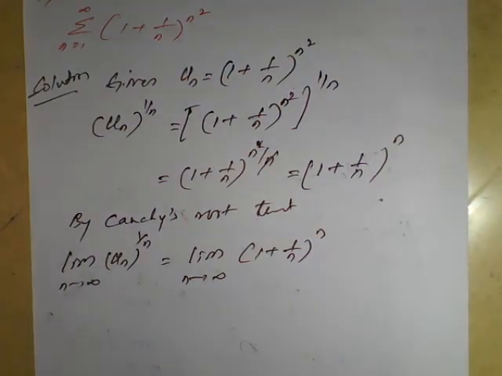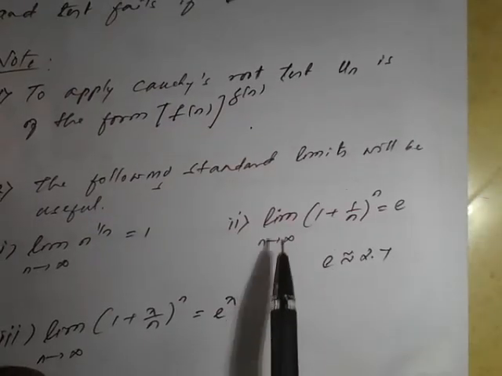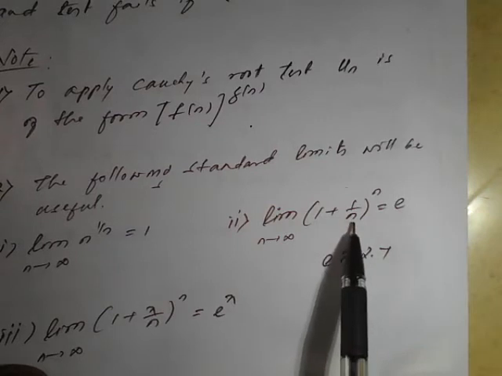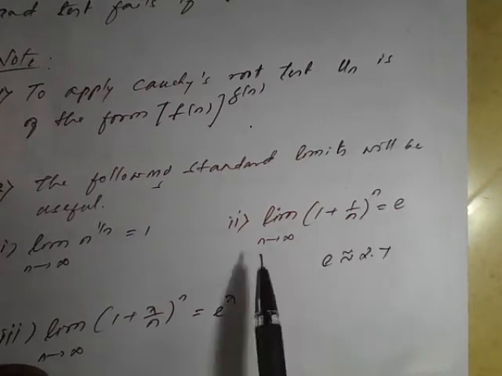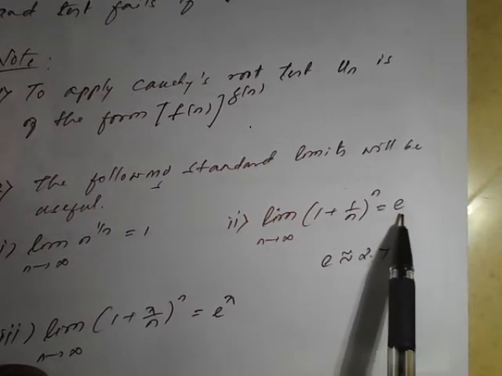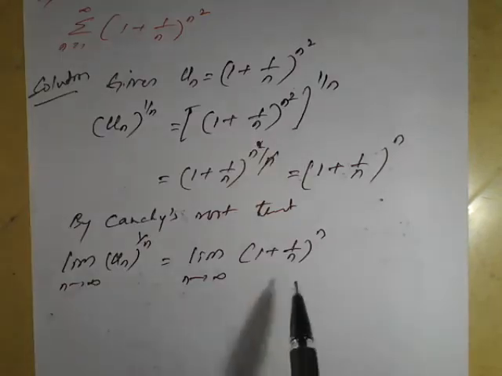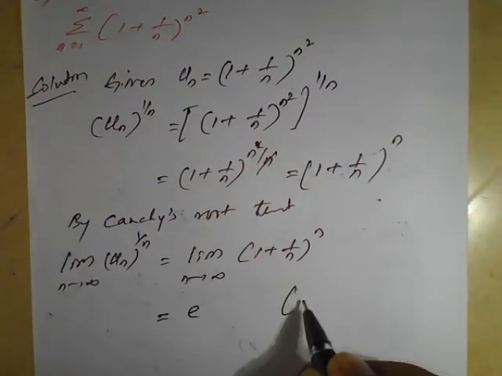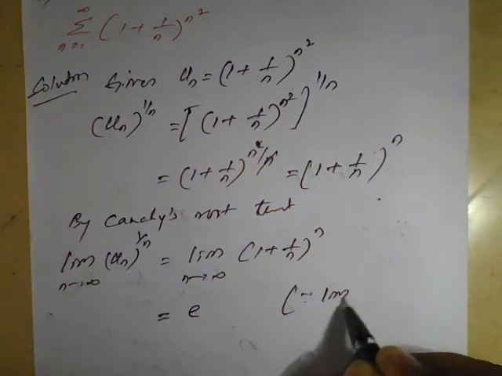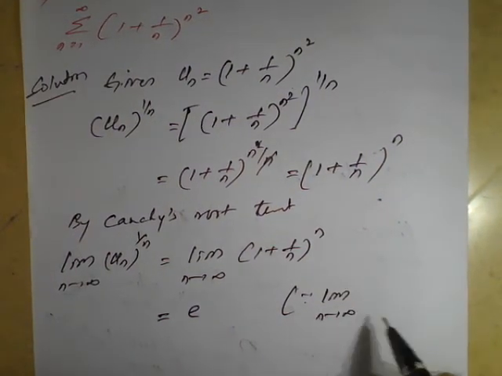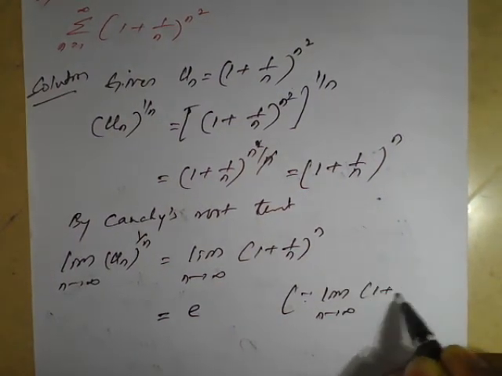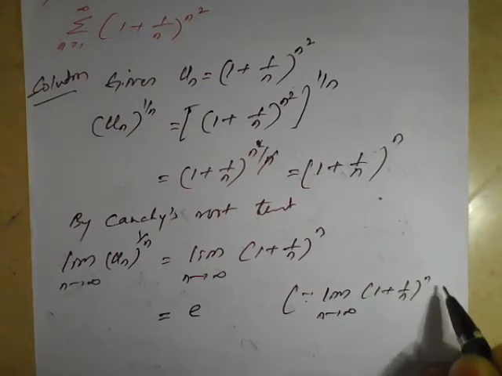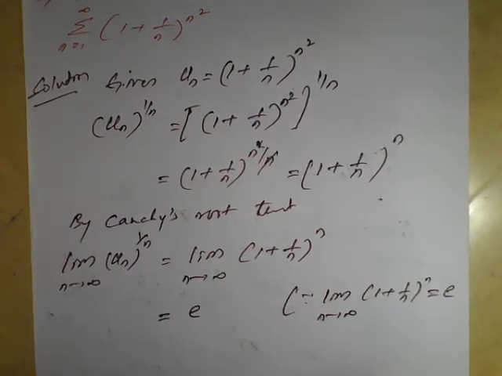Again, as per the note, one of the results I have already shown you: limit of (1 plus 1 upon n) raised to n as n tends to infinity is nothing but e. So the result will apply, and directly I can say that this is e.